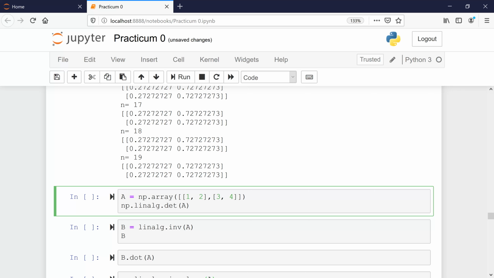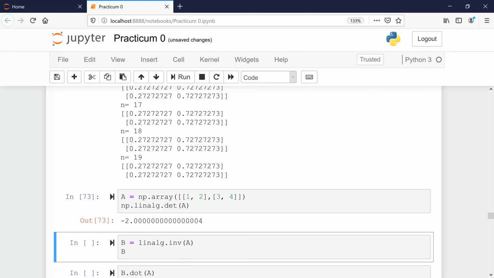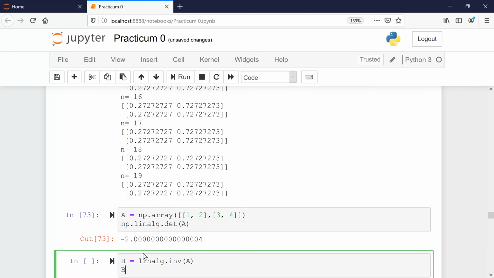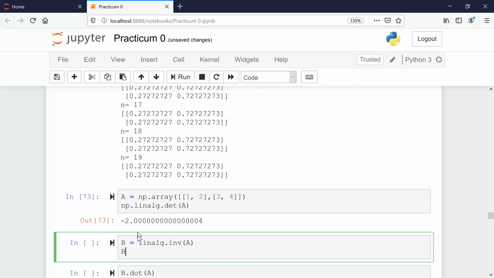So this is the matrix 1, 2, 3, 4, and the determinant is around minus 2, because this is 1 times 4 minus 2 times 3, which is minus 2.